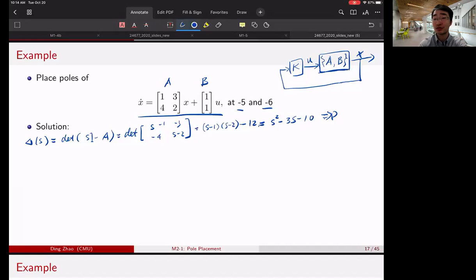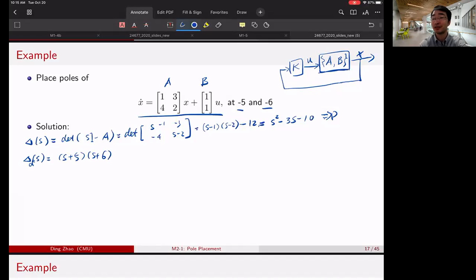So I want to make this our desired characteristic polynomial, with roots minus 4 and minus 5. So in this case, what we can do? Our desired polynomial will be just s plus 5 and s plus 6, right?